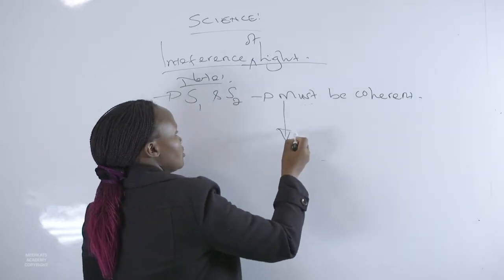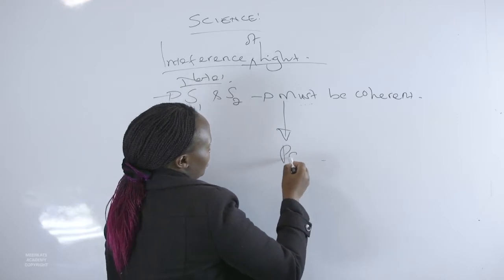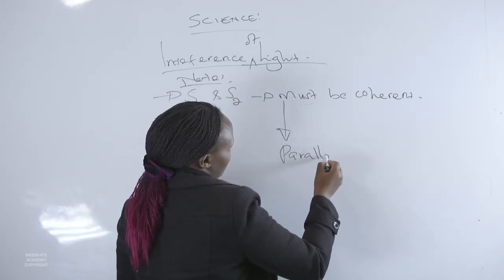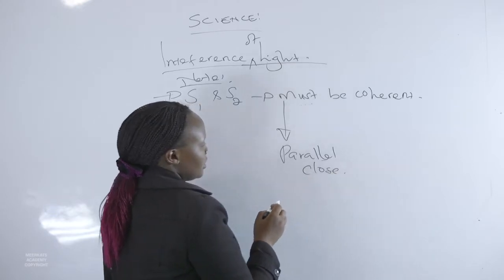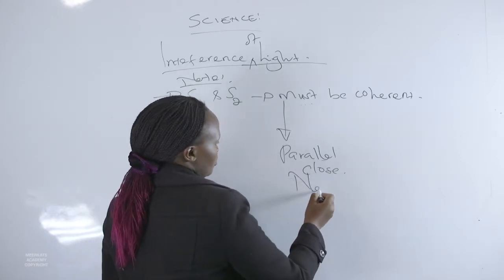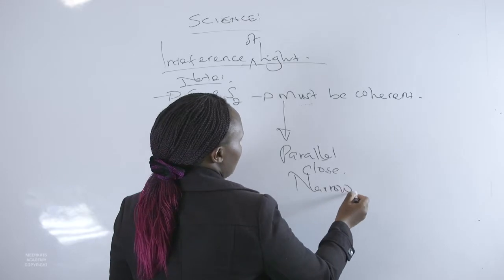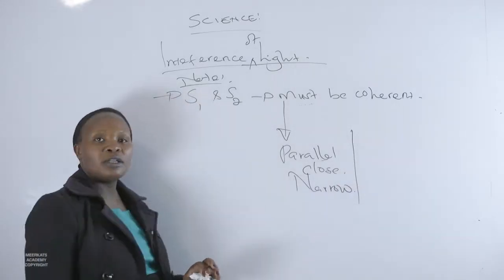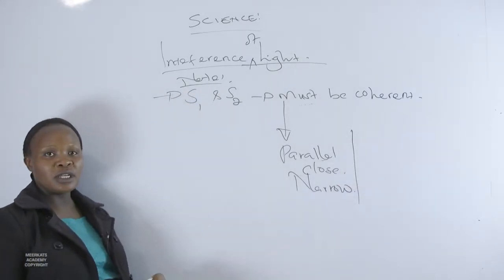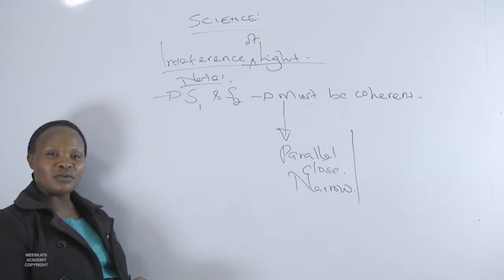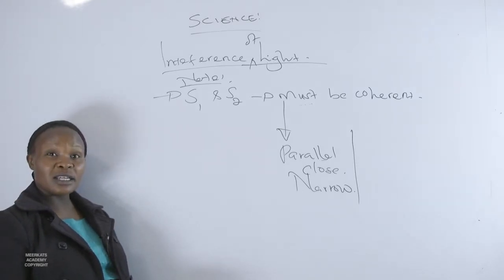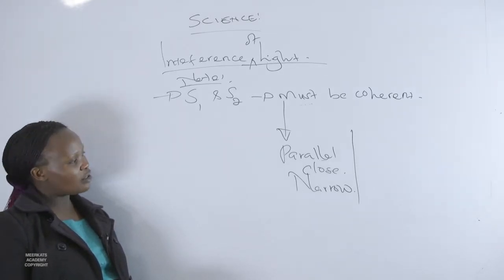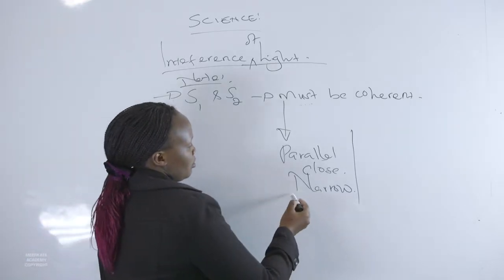And by coherency, we mean parallel, close, and narrow. Again, we looked at the condition necessary for the formation of realistic diffraction patterns, and we said that the slit has to be as narrow as possible.